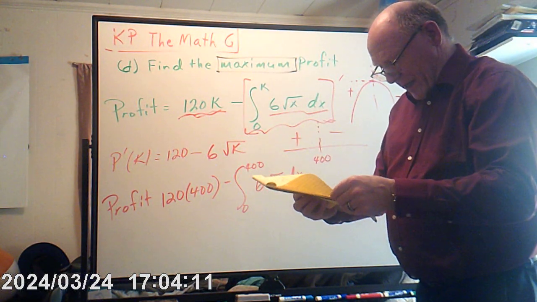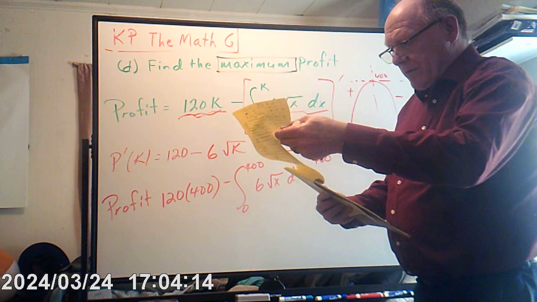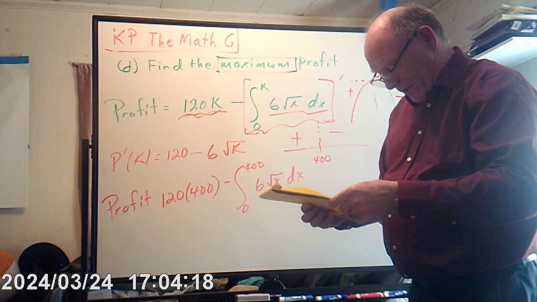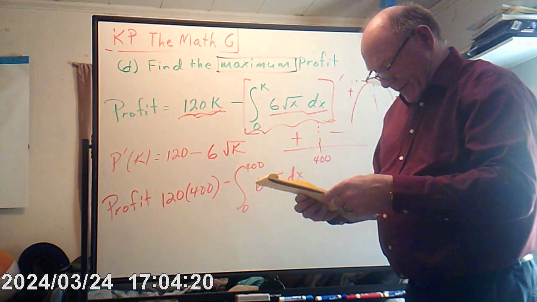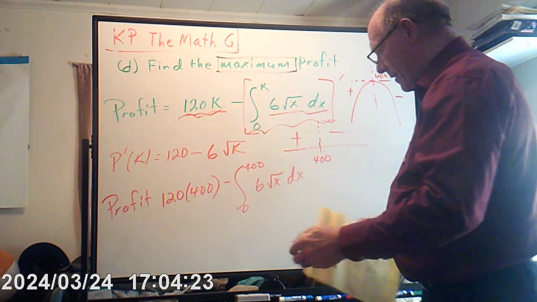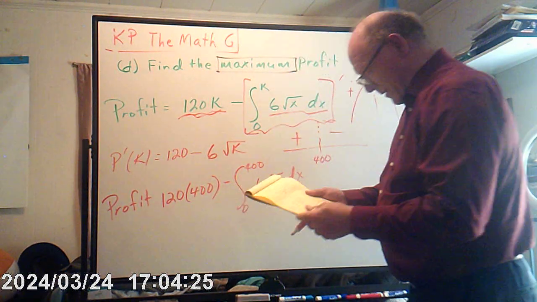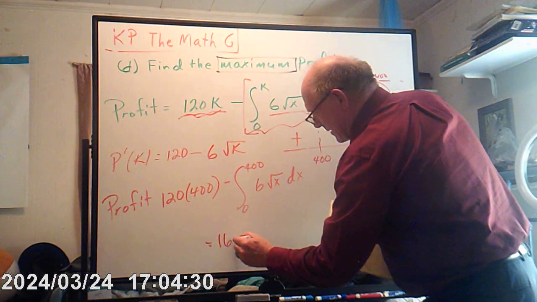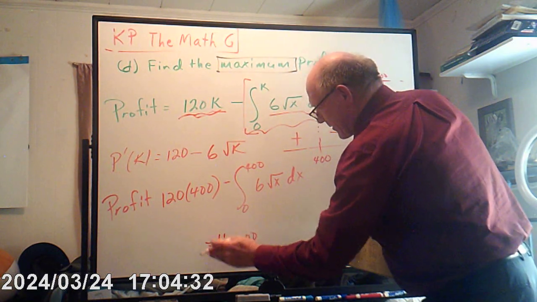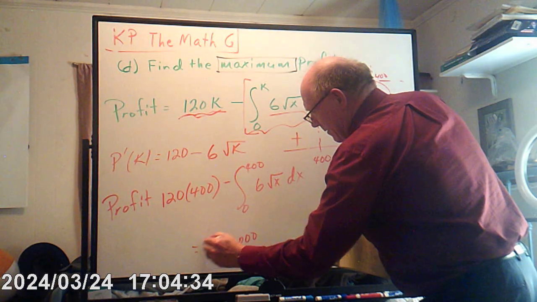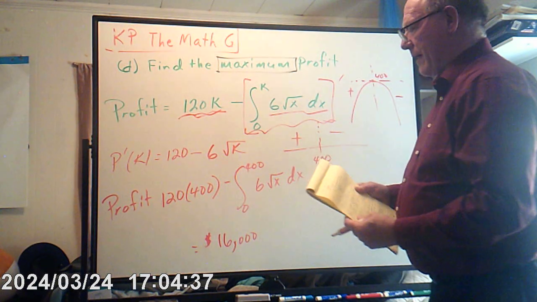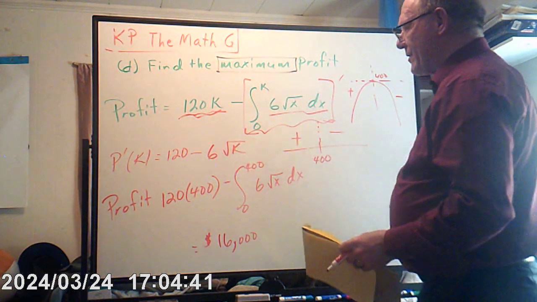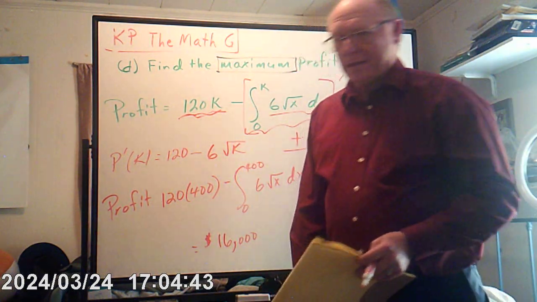And when we plug it in, we get 16, okay, so this answer is equal to $16,000. So when K has to be the max, K is the amount of meters.